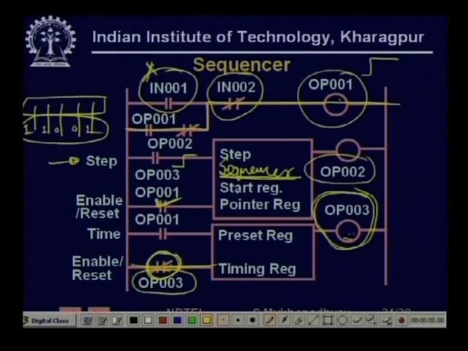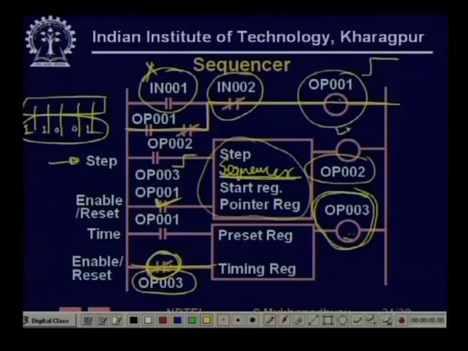So, it is continuously generating timing intervals, and at the end of each interval you get a pulse which executes the sequence register of the sequencer. The sequence has a fixed number of steps. At the end of the sequence this will go high.